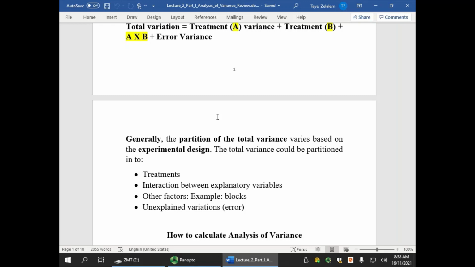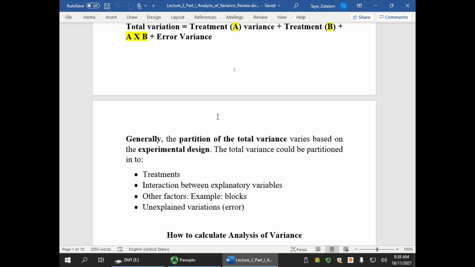And you have other factors. For example, if we are doing an experiment with blocking, you are doing it to control some sort of variation, right? That is reflected in your data, so it is a source of variation. So if you are doing a blocked experiment, when you think of the total variance in your data, you need to take the block into account. You have the treatment, whether one or two, and if there is interaction, but still, if you have a block, you need to consider that.